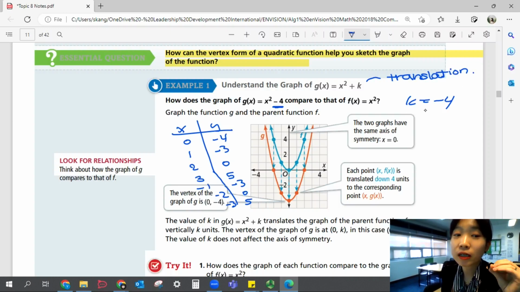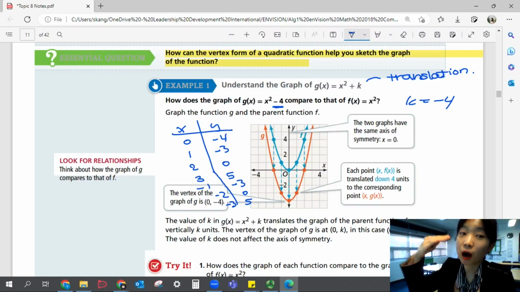And a, the coefficient, is going to be responsible for both reflection and stretches or compression. So k is just translation up and down.